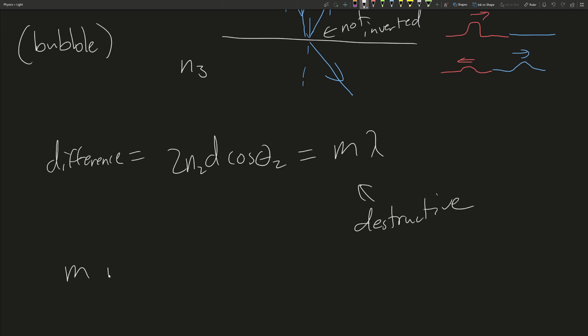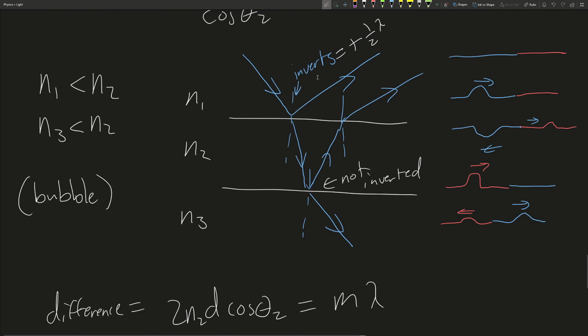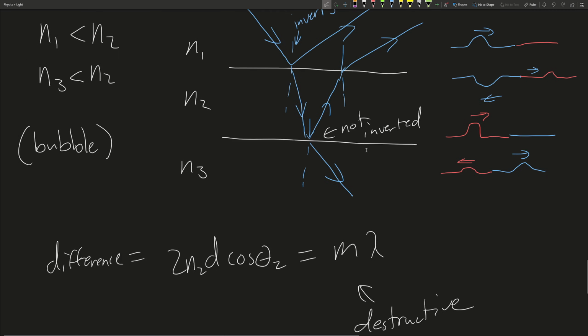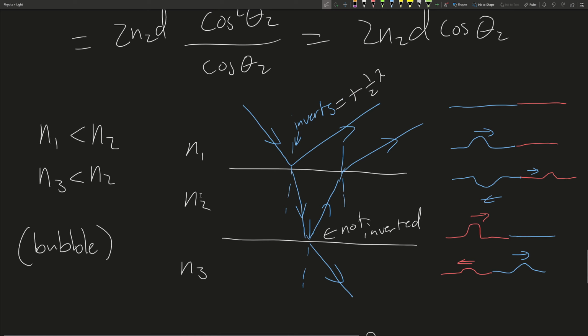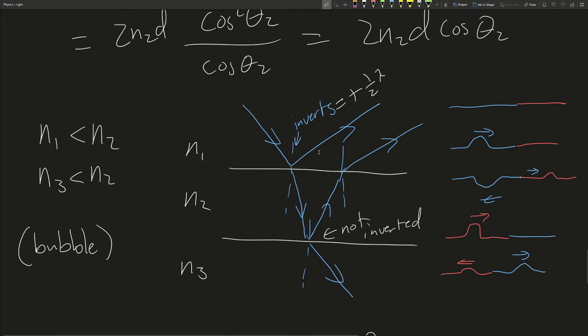And so m is a natural number. So it's like 1 or 2 or 3 dot dot dot, a whole number, not including 0. So destructive interference occurs whenever you have a dense material sandwiched between two less dense materials, and this m value here is a whole number.